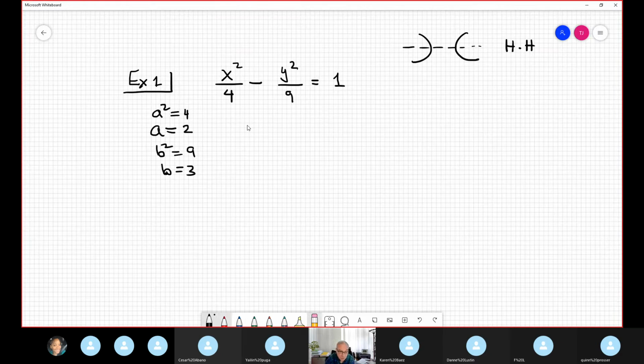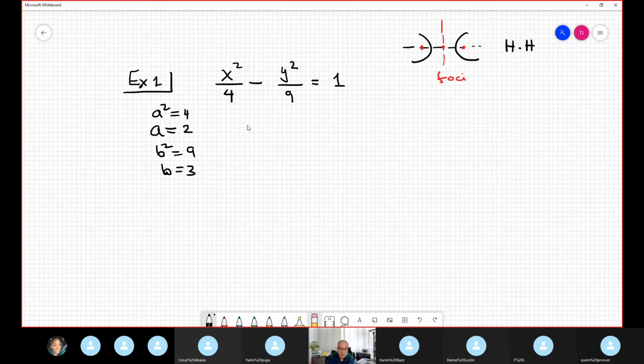The focus of the hyperbola is located here inside, similar to the parabola, but we have two. So it's called foci, in plural, two foci. But it's easy because the focal distance, the distance from the center to the foci in both directions, is called C. And the formula for the foci is completely different to the ellipse.